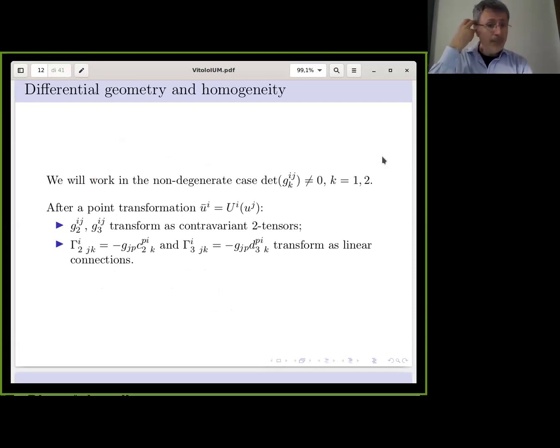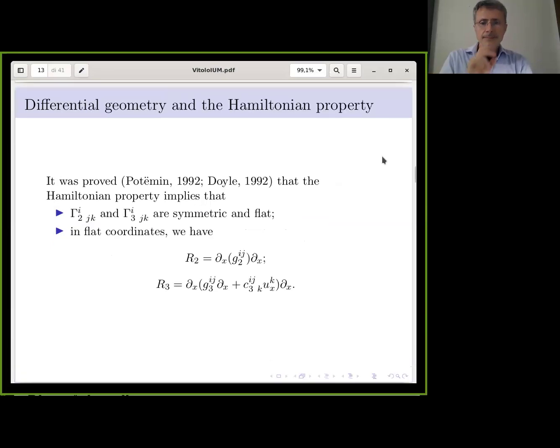But it was proved by a PhD student of Novikov, Potemin, and independently by Doyle, a PhD student of Peter Olver, that these connections are flat, and hence one can use flat coordinates. So they are not only flat, they are also symmetric.